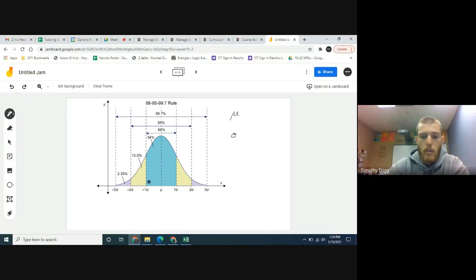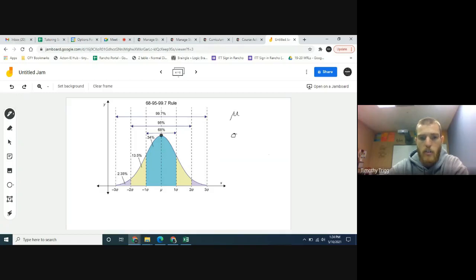What it also shows is that you notice these numbers on top, 68%, 95%, 99.7%. What it's showing is that 68% of the values will fall within one standard deviation of the mean. So you can see most of the values are within one standard deviation of the mean. 34% in this section and 34% in this section.